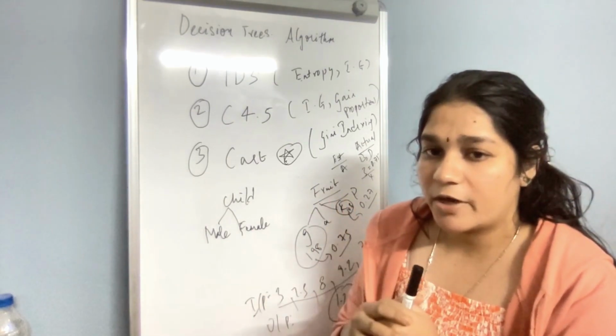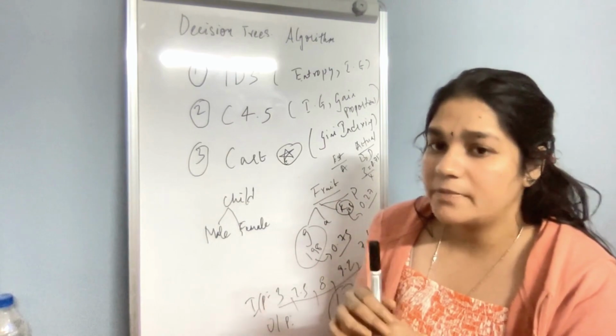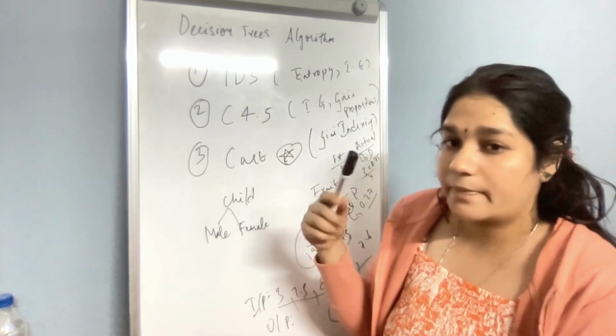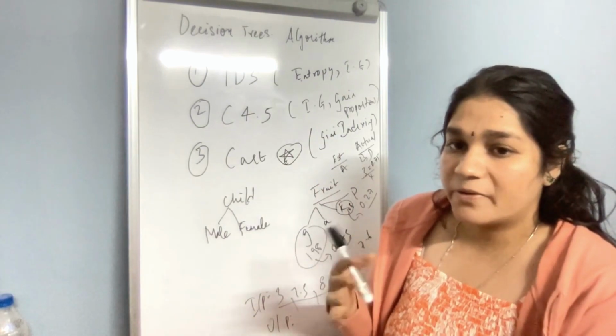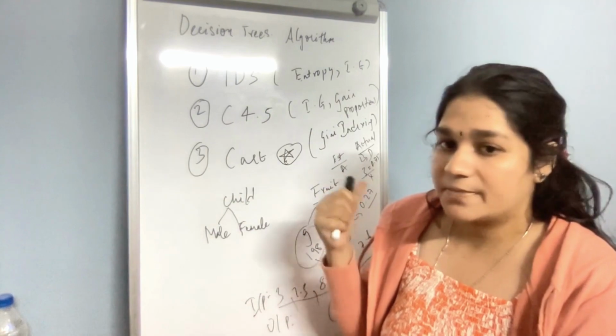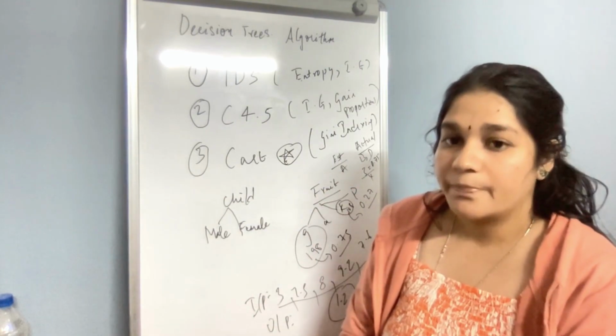I will also explain one problem so that you can understand what entropy is. If I just say it's impurity, then you might not be able to understand, so I will use some numbers to explain this decision tree algorithm.